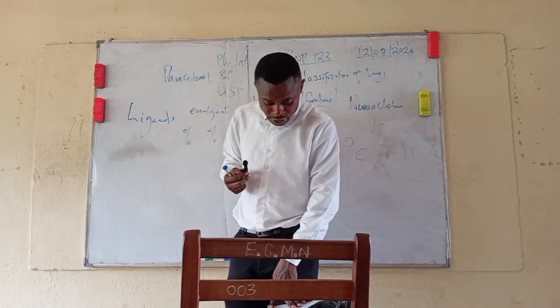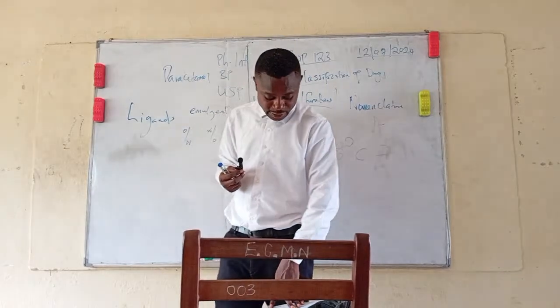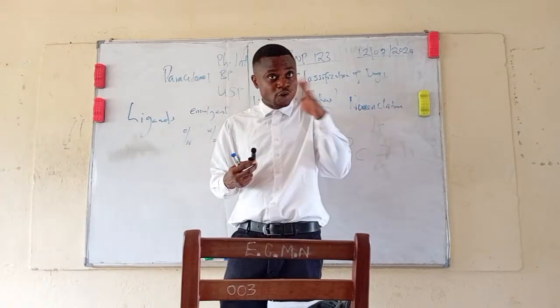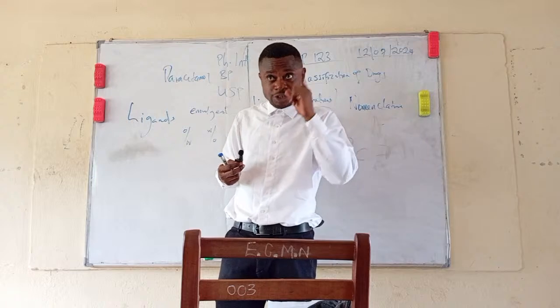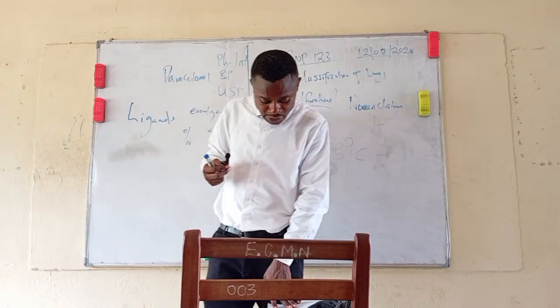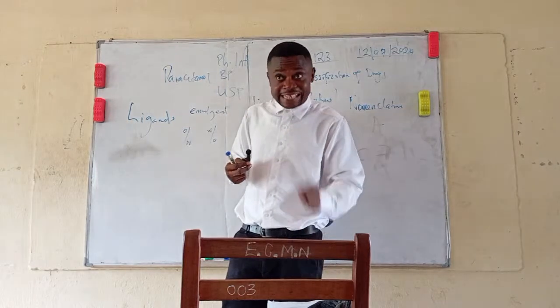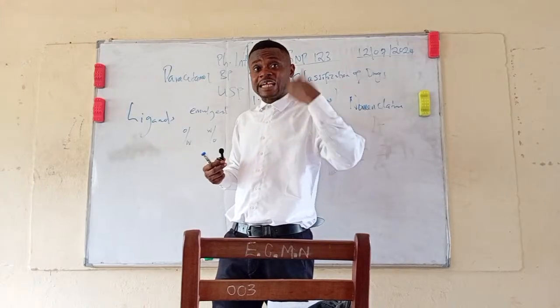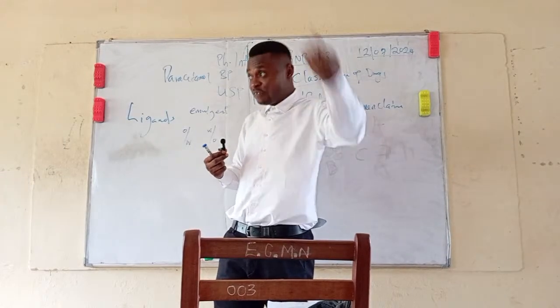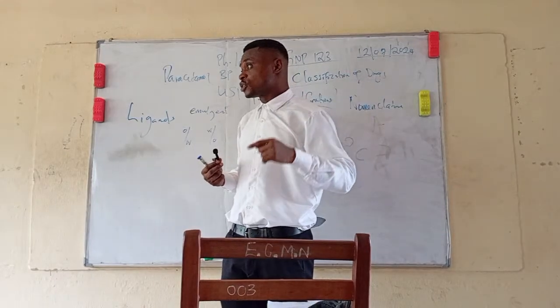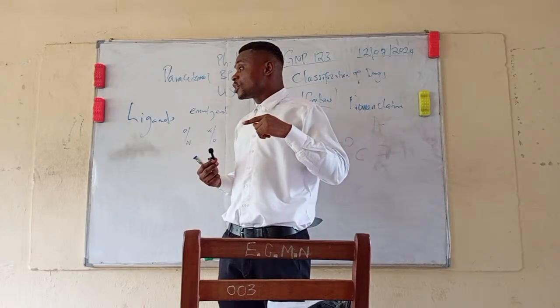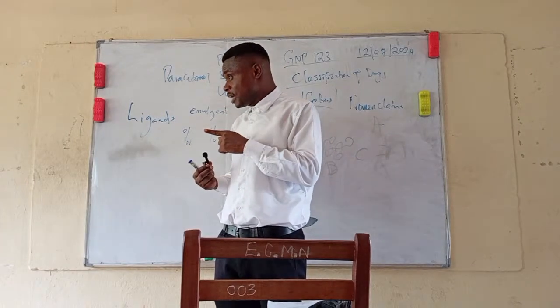So now, sometimes when this molecule interacts, there are some drugs. When you go down to drugs now, the ones that are drugs are the ones that interact with the receptor to activate it. Those that activate are called what? Agonists. Now I have defined receptors.